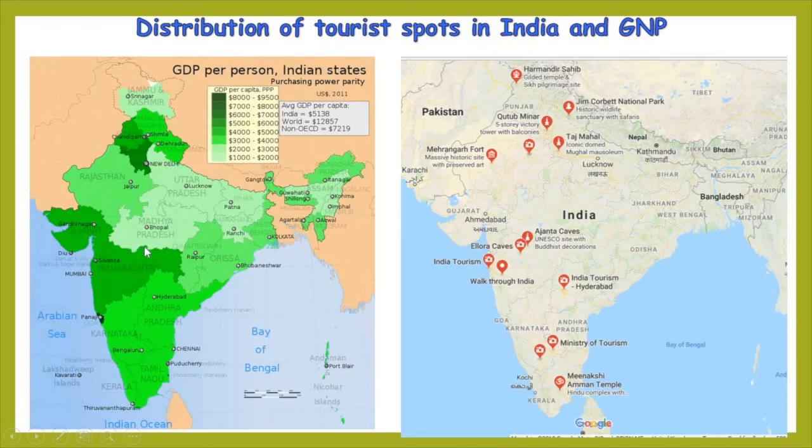The lightest, most poverty-stricken area where people are earning around about $1,000 to $2,000 in the centre, no tourist attractions. So clearly, tourism is massively important to India's economy. India is a prime example of a country that really over-relies on tourism, and we'll come to the issues associated with that later. So we can see why.